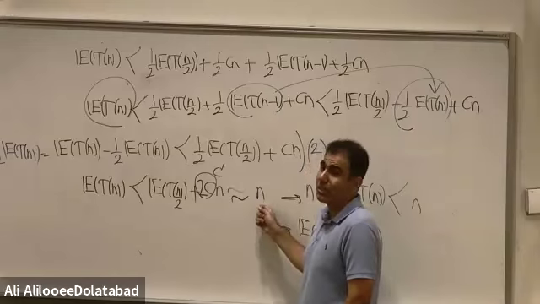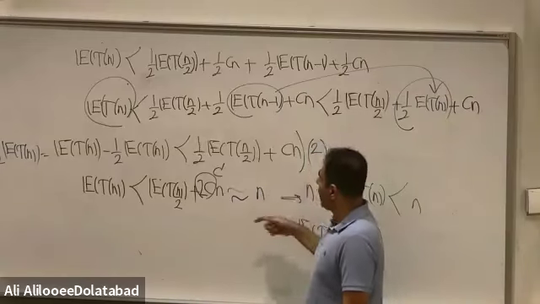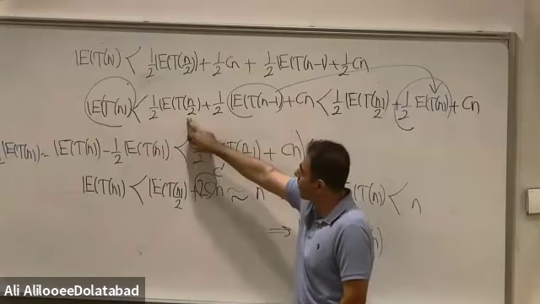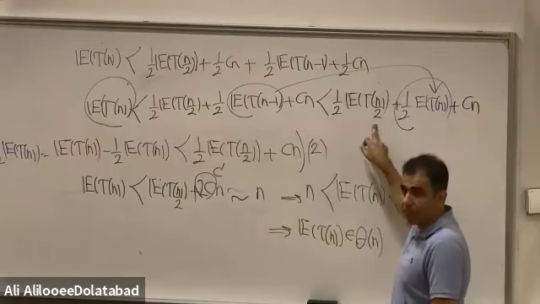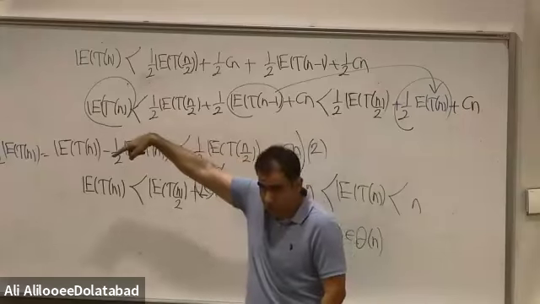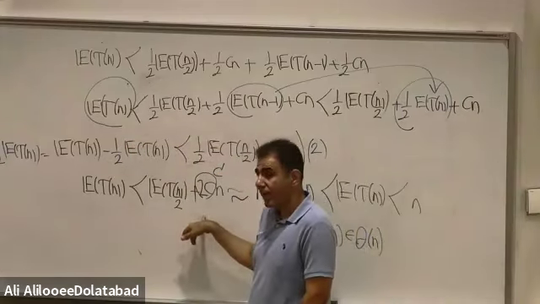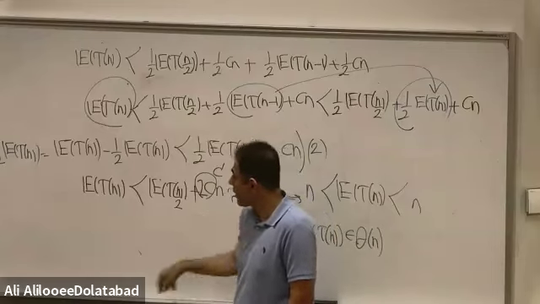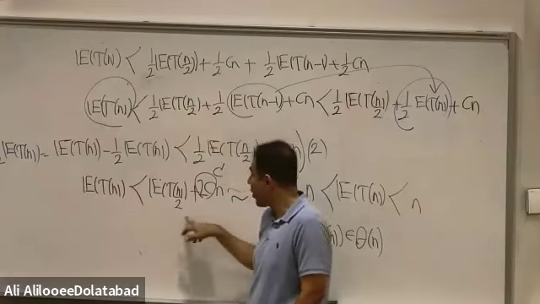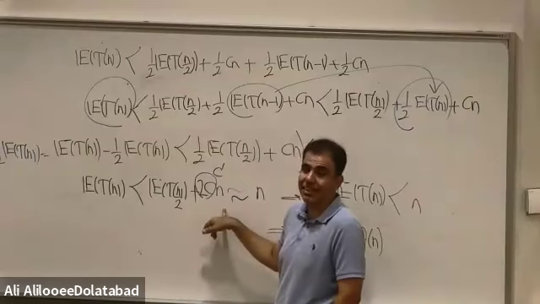Technically, you can replace this with E of T of n and move this to the other side, and the final inequality will be E of T of n less than E of T of n minus 1 plus Cn.